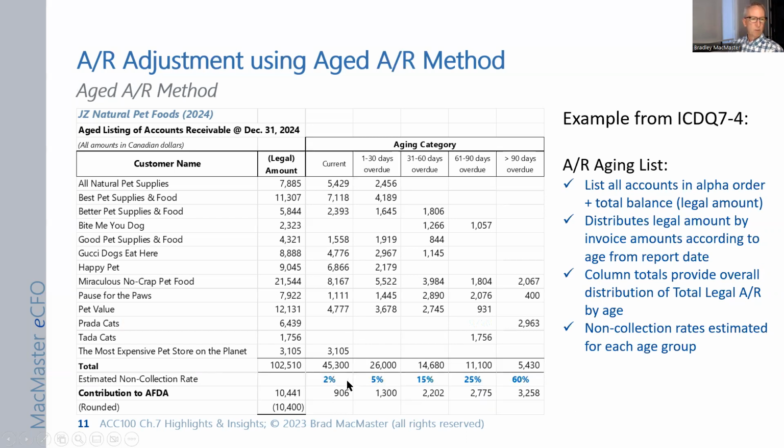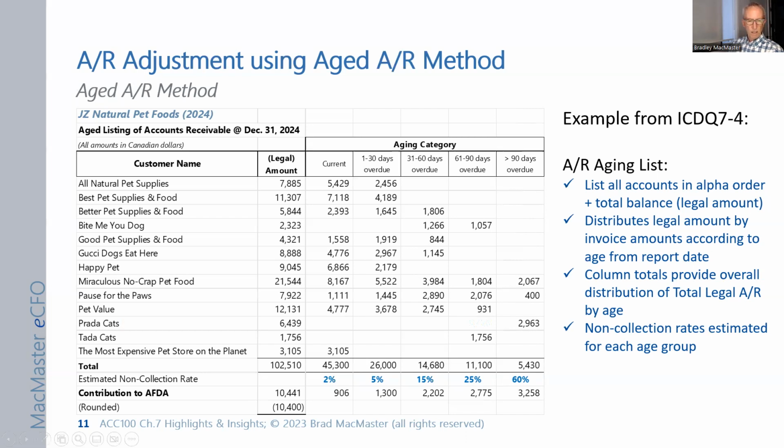So then it kind of looks like this. We estimate that 2% of the last month's sales may become uncollectible, and the percentages increase the older the receivables get, to the point where if we've got something that's 120 days old, there's a high probability we're not going to collect it. And you can see in this case, the judgment based on experience was 60% of these amounts that are legally owed may not ever be collected.